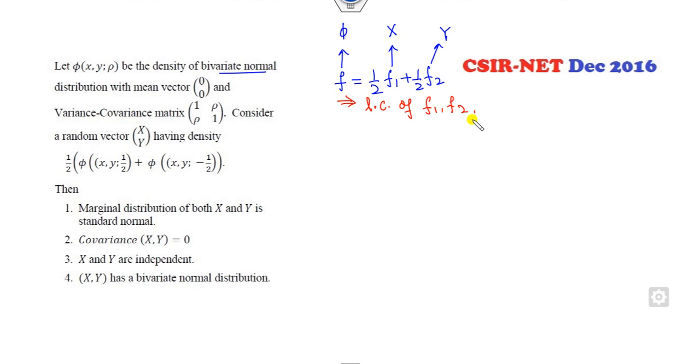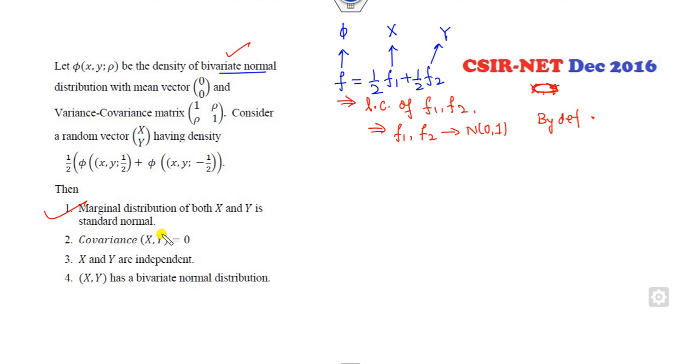Now, the marginal density function of this. Fine, because it's a bivariate normal distribution, phi is the density function of the bivariate normal distribution and it's a linear combination of this. What does it mean? f1 and f2, the corresponding vectors, are standard normal. That's by the definition of this problem.